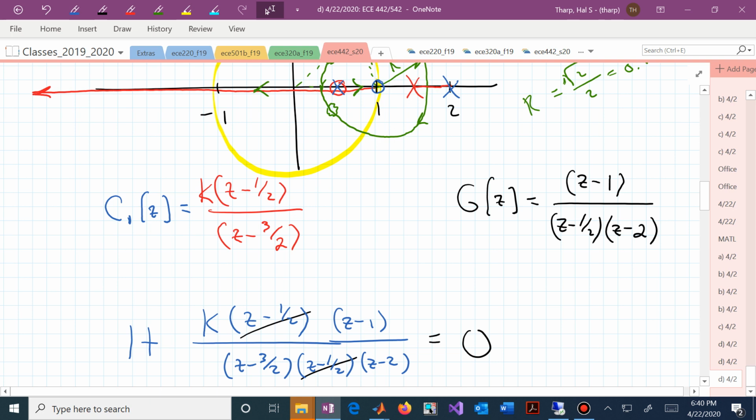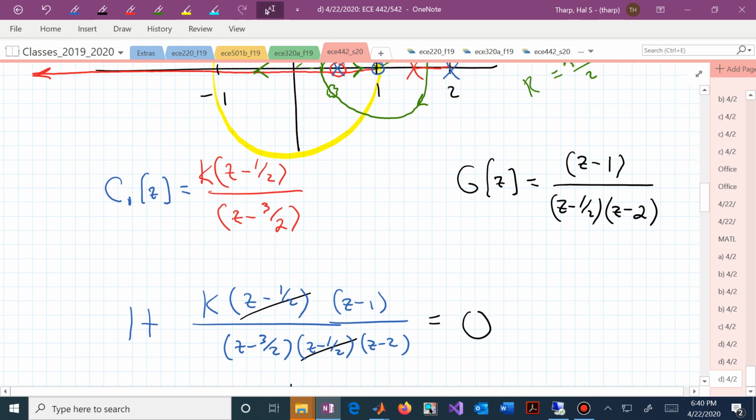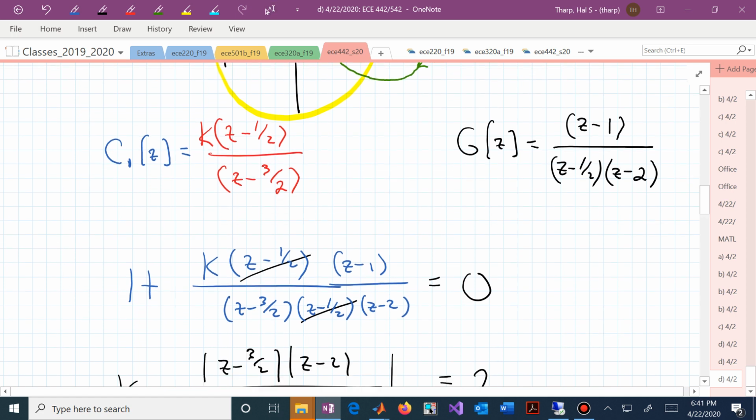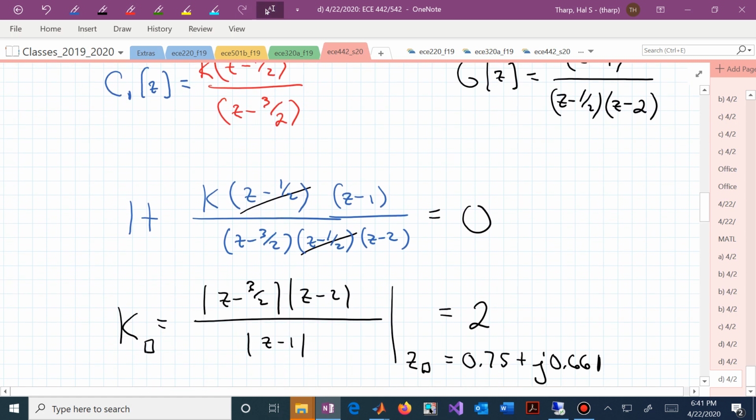We can always cancel poles and zeros inside the unit circle. We have a pole at 3/2 from our controller. We have an unstable pole of our system at 2, and we have that 0 right on the unit circle at 1. We can now compute the gain, or create the gain formula from our gain condition.